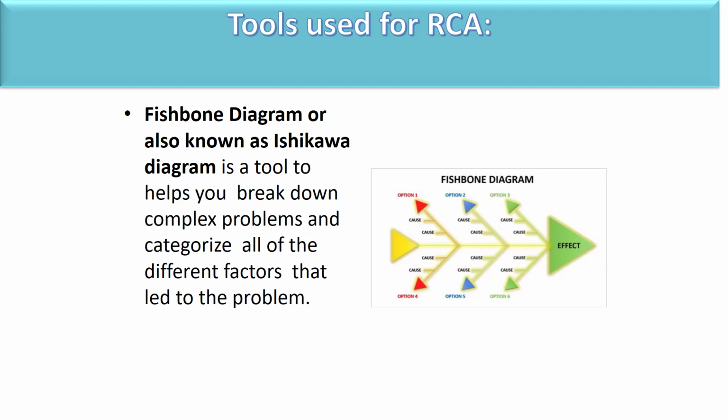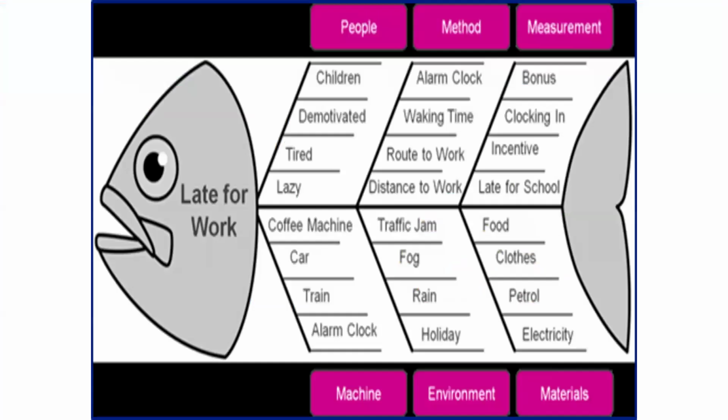Tools used for RCA. The fishbone diagram, also known as the Ishikawa diagram, is a tool to help you break down complex problems and categorize all of the different factors that lead to the problem. So now, what's the problem we have?